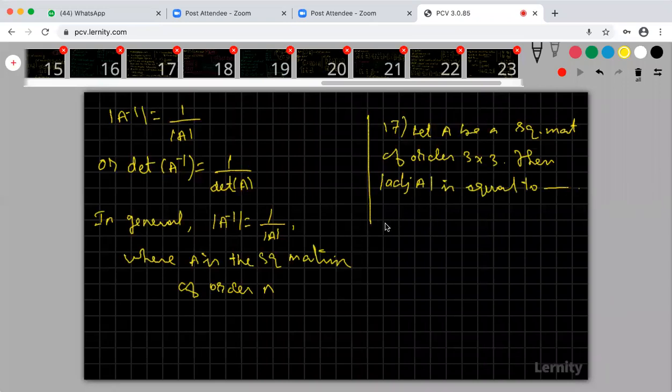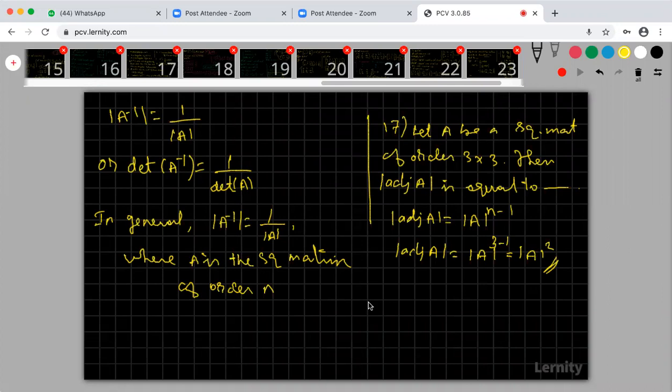Just now I told you that determinant of adjoint of A is equal to determinant of A the whole power n minus 1. We have already discussed this fifth result. Here your n is 3, so determinant of adjoint of A is equal to determinant of A the whole power 3 minus 1, which is 2. Determinant of A the whole square. Please note that.